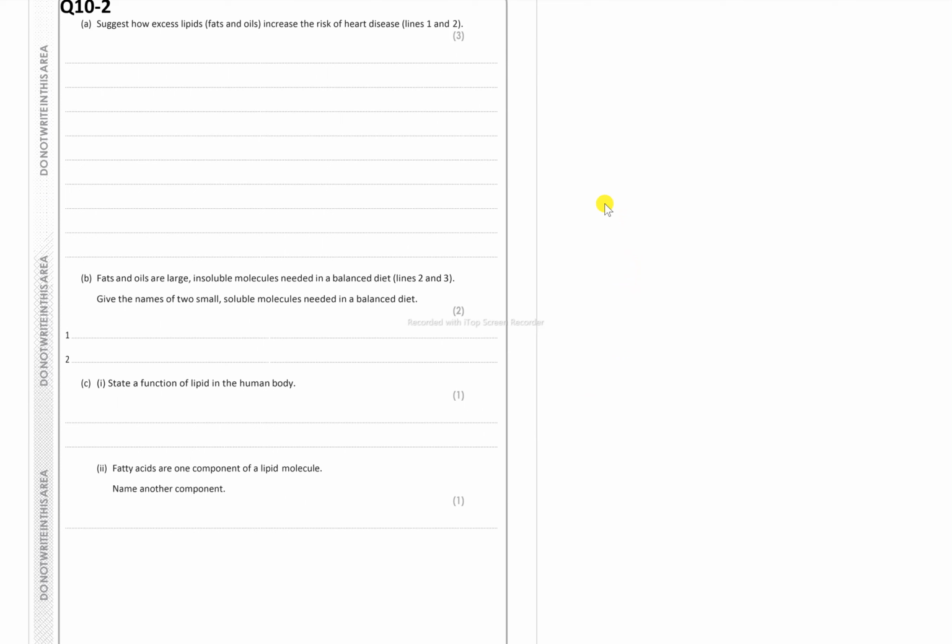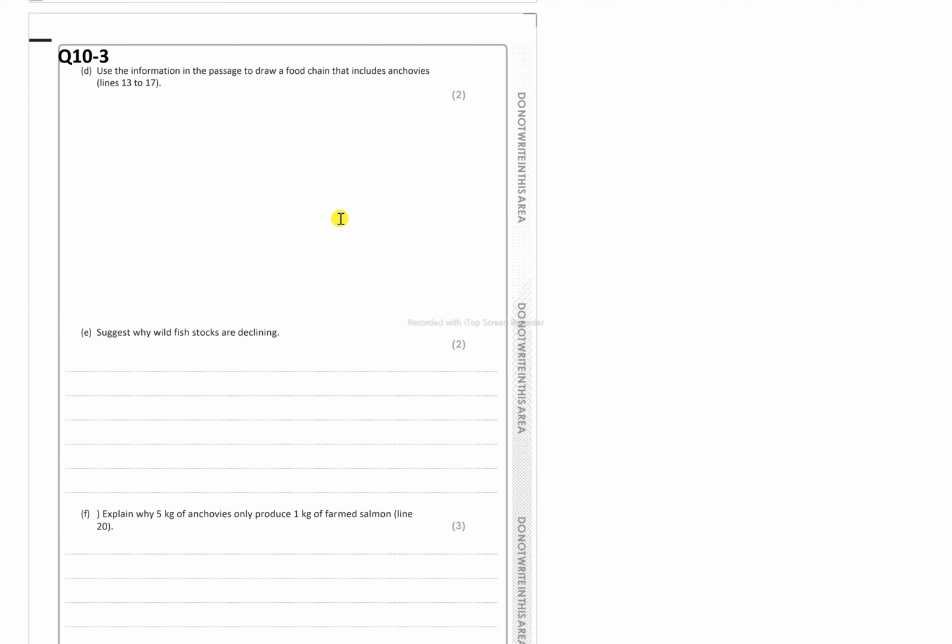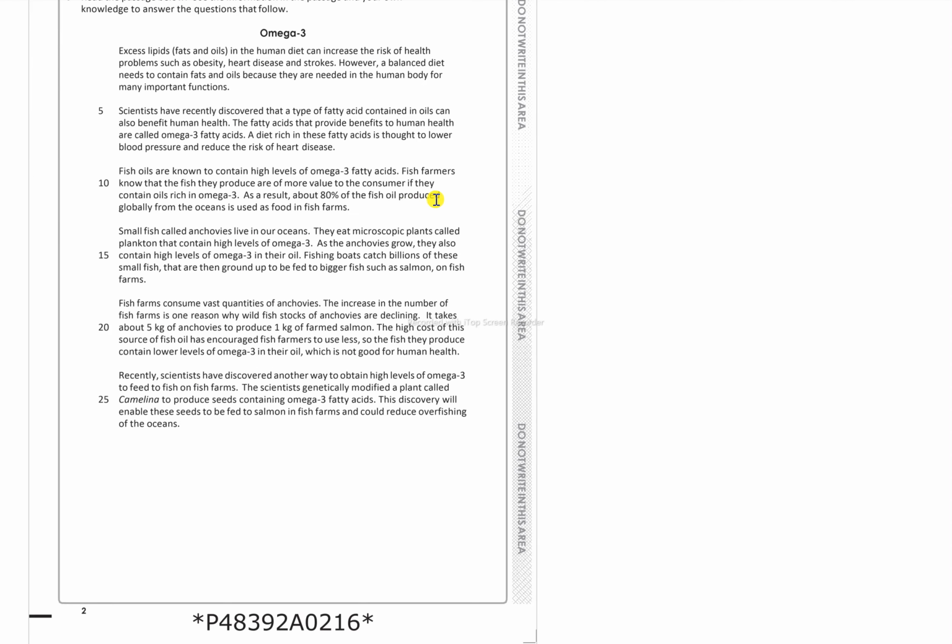Right, look, we're not interested in that. We're interested in this food chain, lines 13 to 17. So let us go to lines 13 to 17.